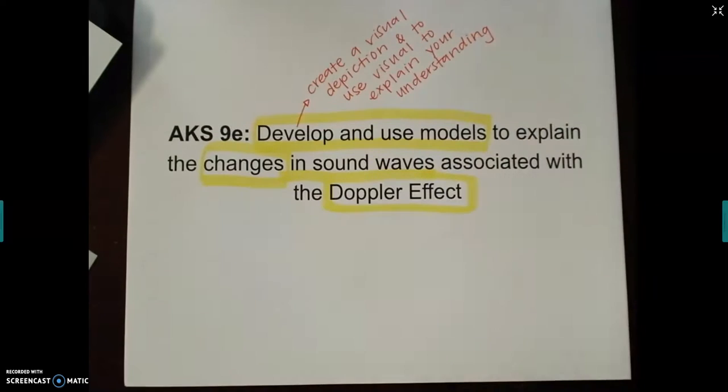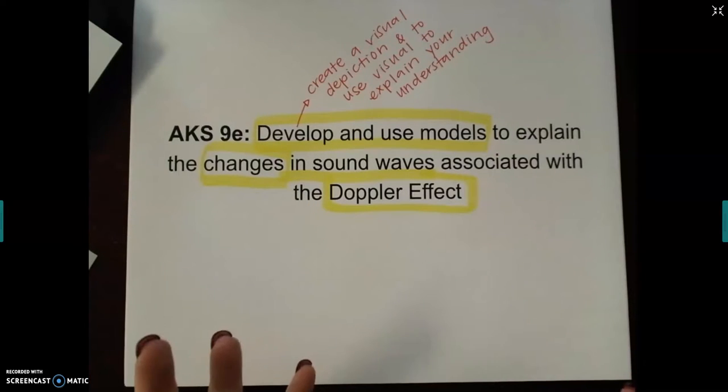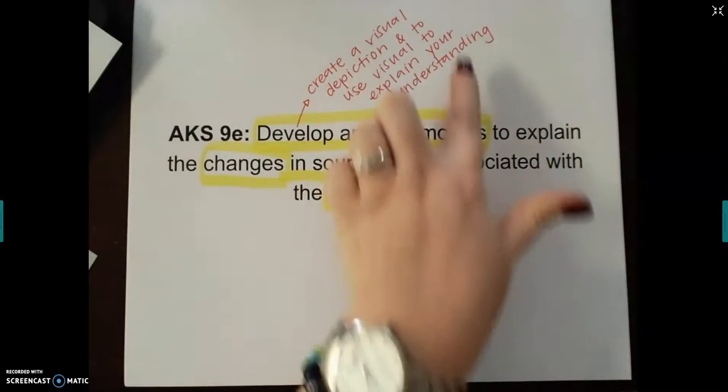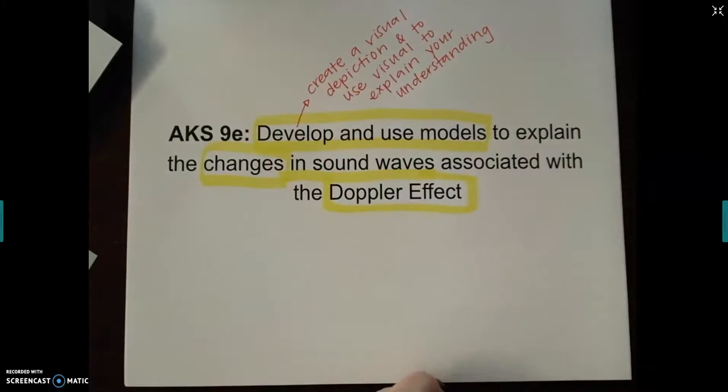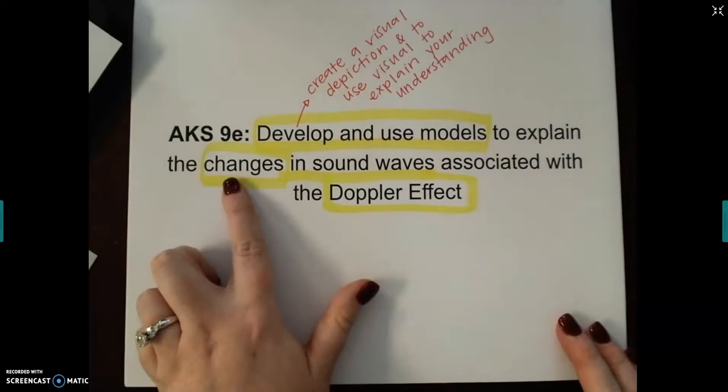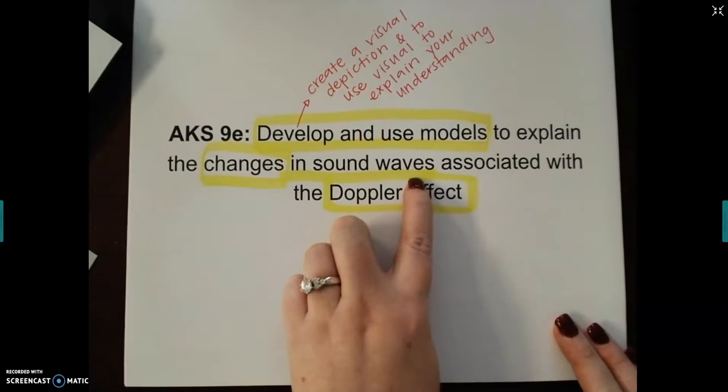So a visual depiction or a visual representation can be a 3D model, but this could also be a drawing. I could draw out my explanation and then be able to explain specifically what's happening in the phenomena of the Doppler effect.